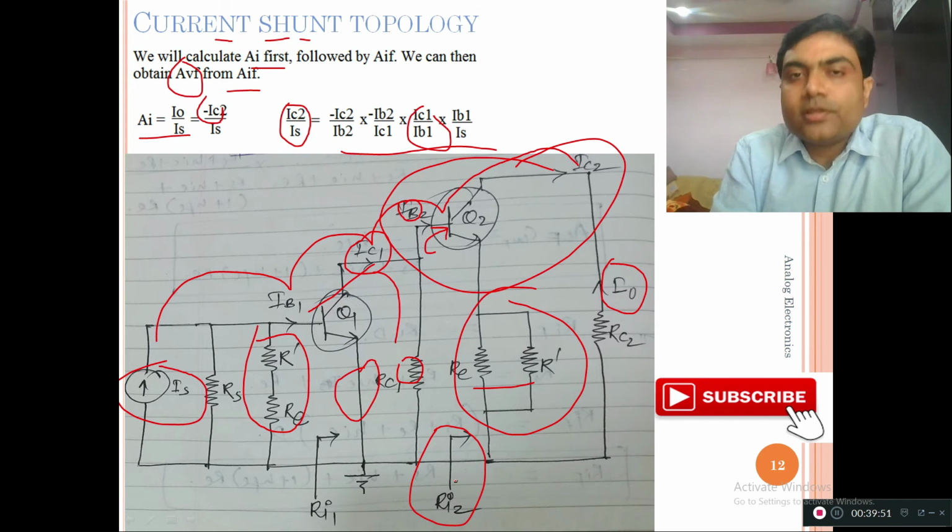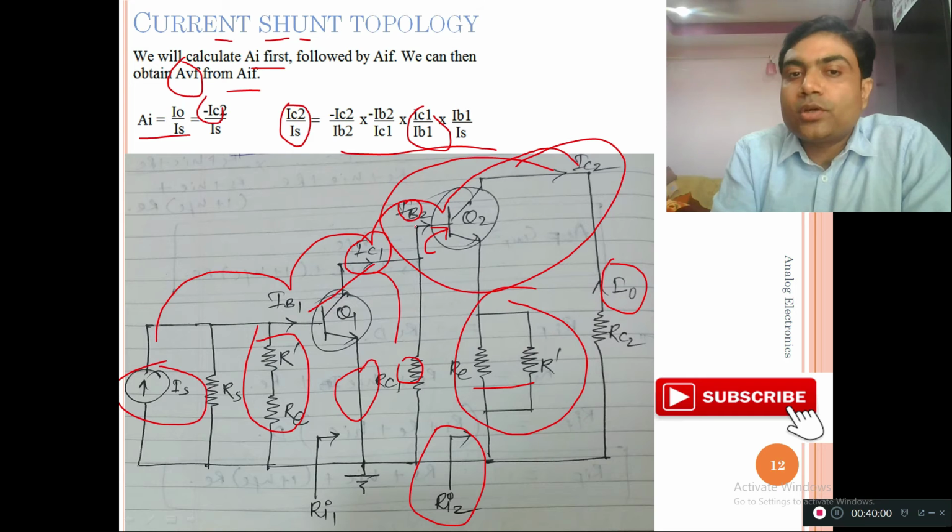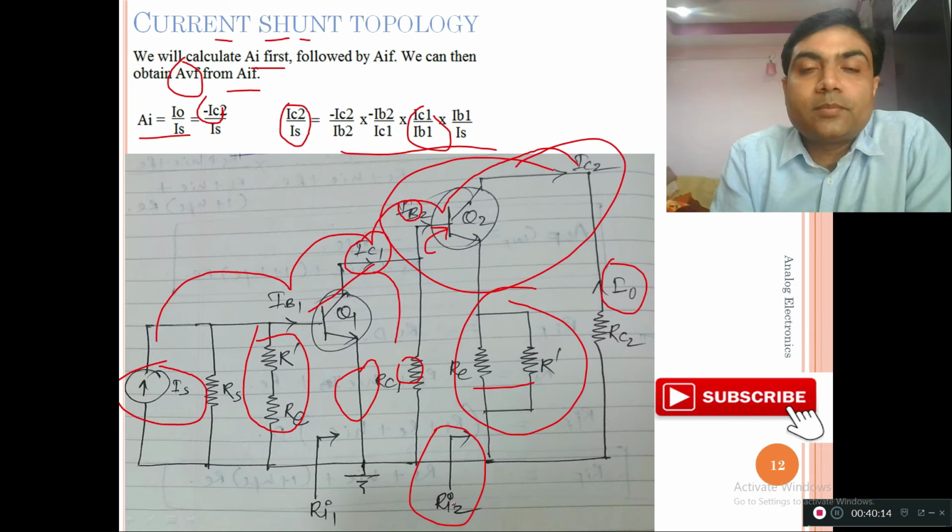So RI2 is the resistance in which IB2 is flowing. So which is the opposite resistance then? The opposite resistance is RC1. So if I want to calculate IB2, I have to multiply the source current IC1 by the opposite resistance RC1, divided by the combination of the resistances, RC1 plus RI2.